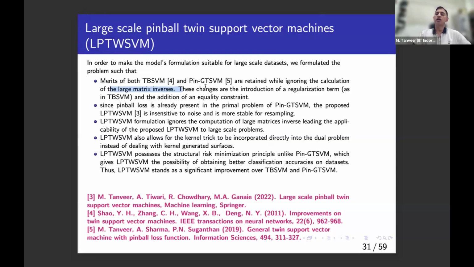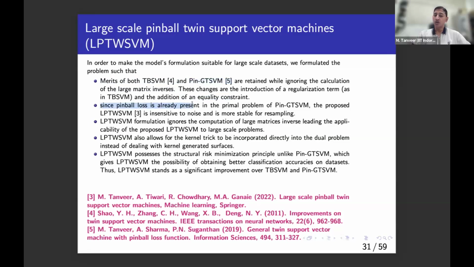So these changes are the introduction of a regularization term and the addition of equality constraints, similar to the previous algorithm, ITSVM. Since we are using all the properties of pin GTSVM, in pin GTSVM we introduce this pinball loss function.